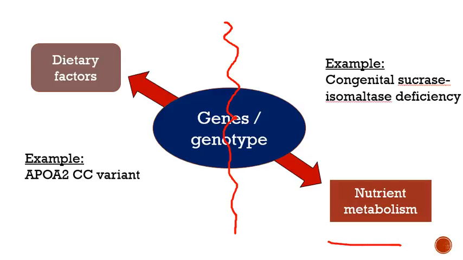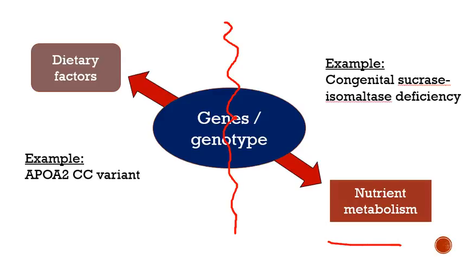Essentially, sucrase isomaltase deficiency is a genetic disorder where the sucrase isomaltase gene has a mutation that causes the enzyme to be malformed. Remember, enzymes are proteins. We've already looked at that.